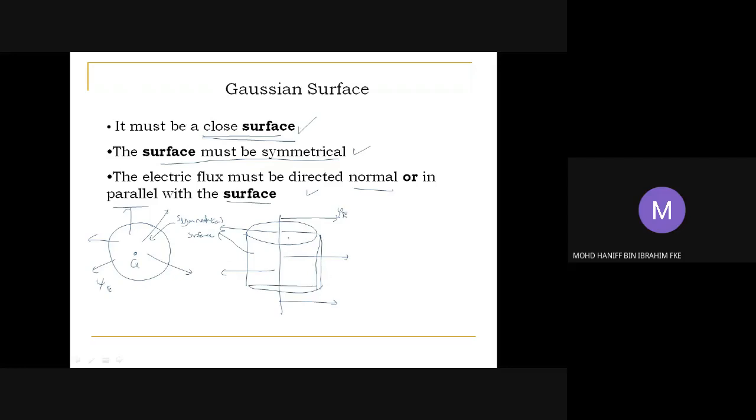So this cylindrical surface also fulfills the third characteristic in which the flux must be normal or parallel with the surface. So these are the three characteristics of a Gaussian surface that need to be taken into consideration when we want to use it in solving problems related to the Gauss law.